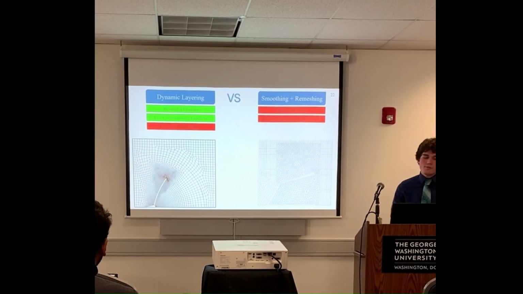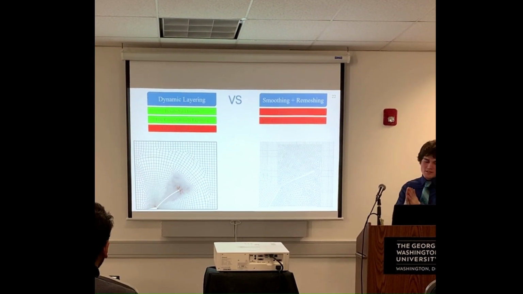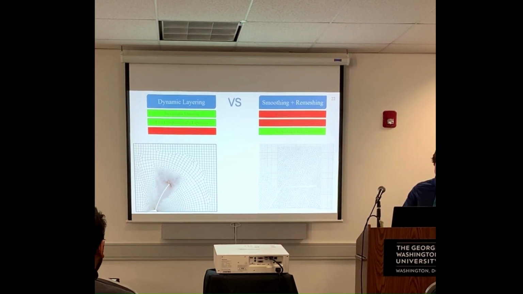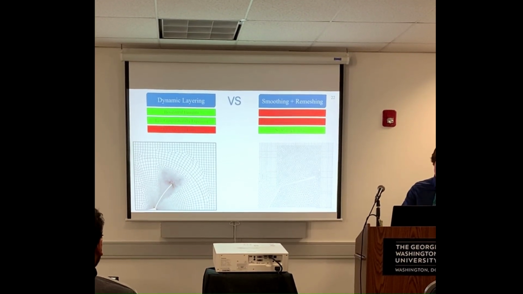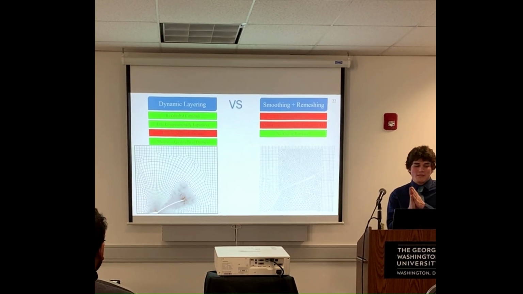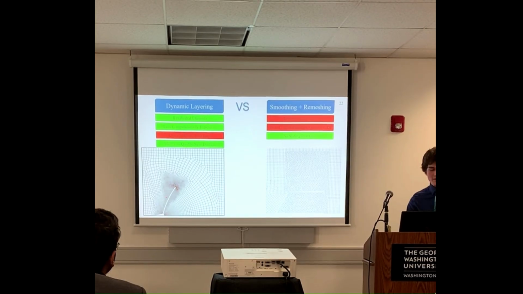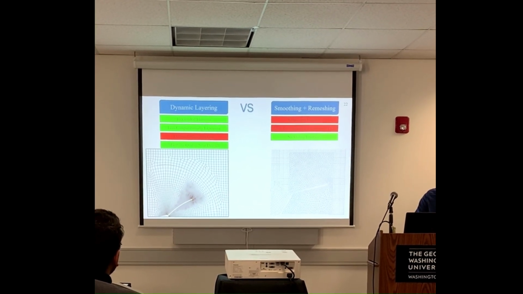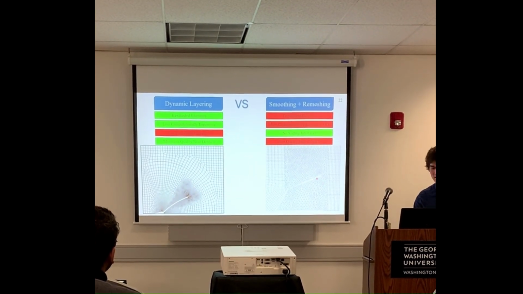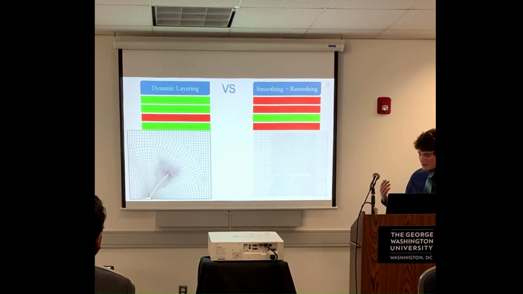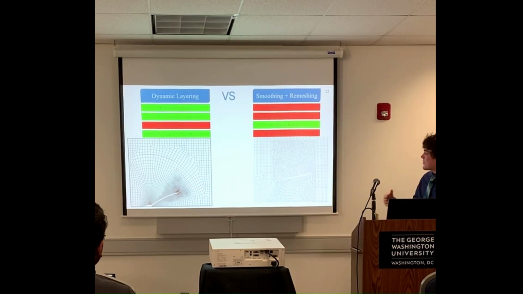Dynamic layering, however, utilizes sliding interfaces, which can produce numerical garbage right at the interface. Smoothing and remeshing does not. But dynamic layering maintains a high quality mesh right near the denticle itself, whereas smoothing and remeshing is constantly having to remesh the cells right next to it, so they can oftentimes get skewed.